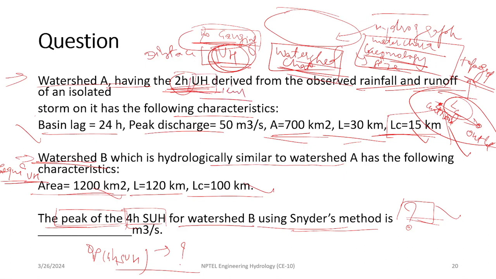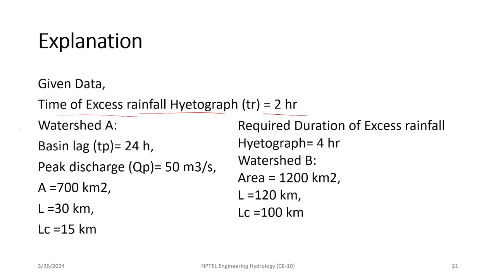Now note down the values. Basin lag is also given. Basin lag is the time to reach the peak value. So it is 24 hours. Then peak discharge is also given, 50 meter cube per second. Area is given, length is given, and LC value is also given.